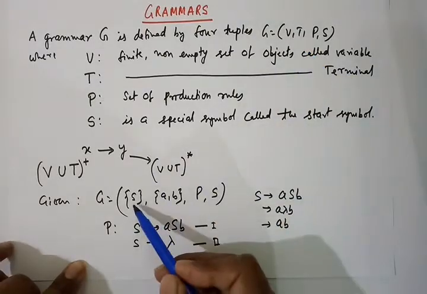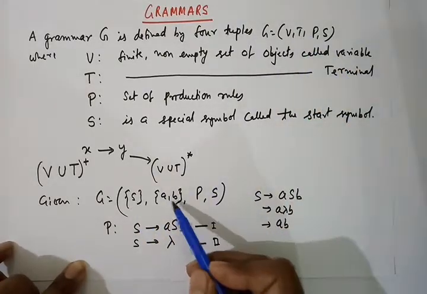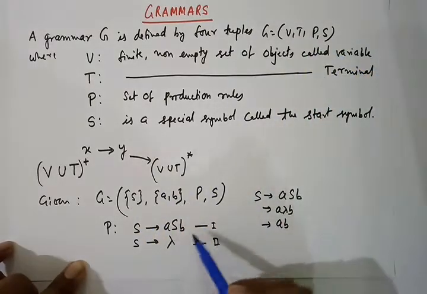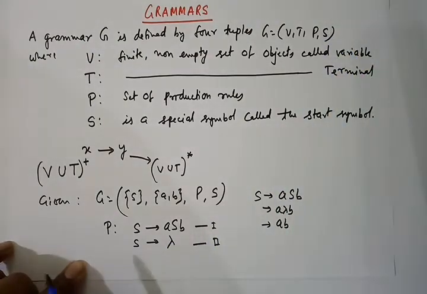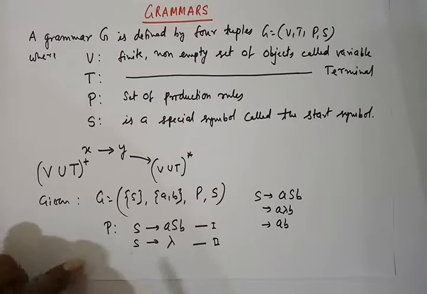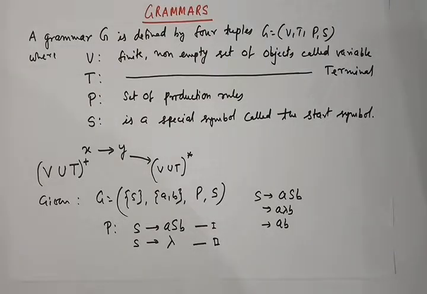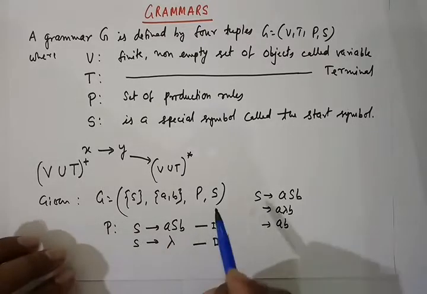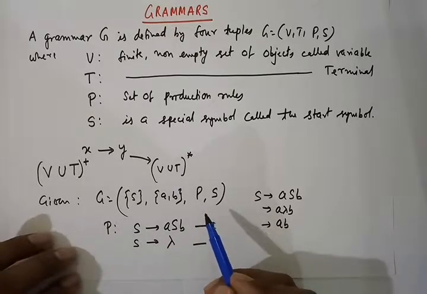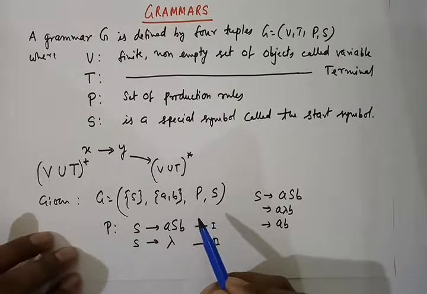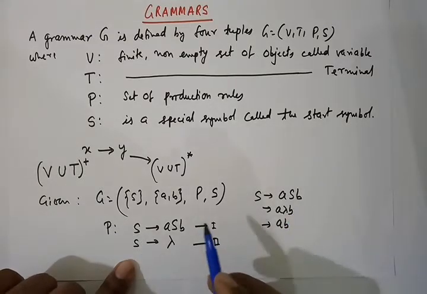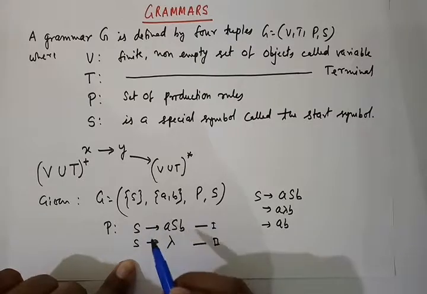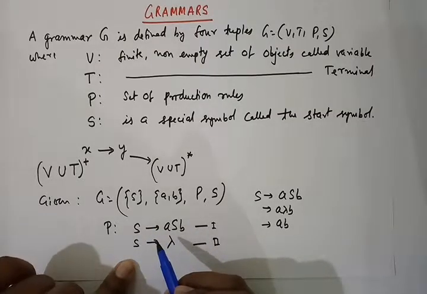V is our capital S, the terminal symbols are A and B, there are two production rules, and S is our start symbol. Now, by convention, the variables or non-terminal symbols are written in capital letters, and terminal symbols are mentioned in small case. So let's see what strings this grammar is going to derive.